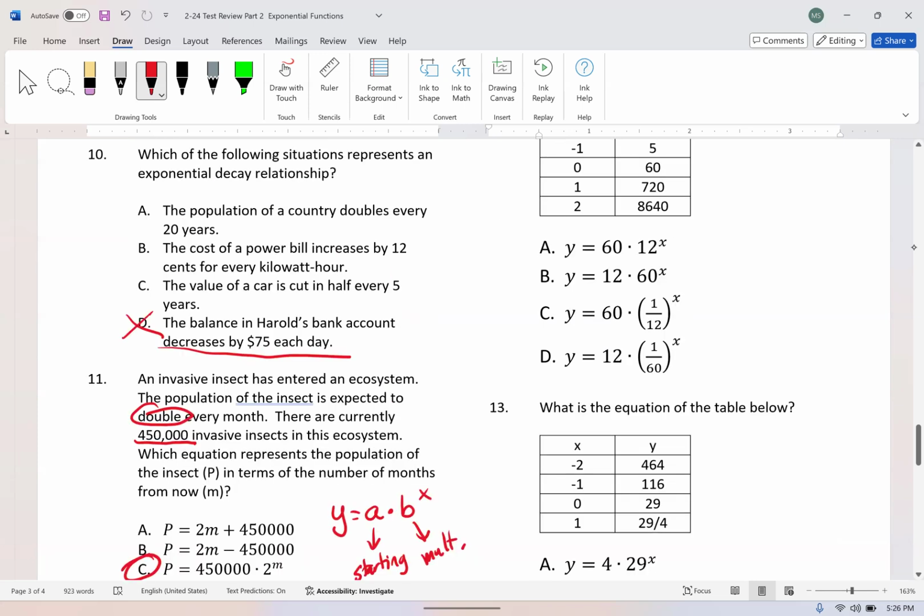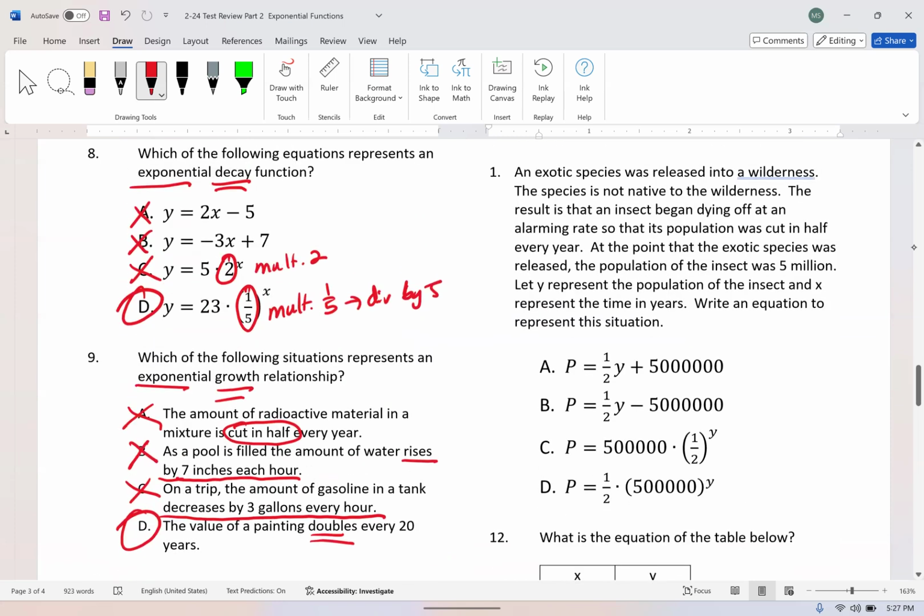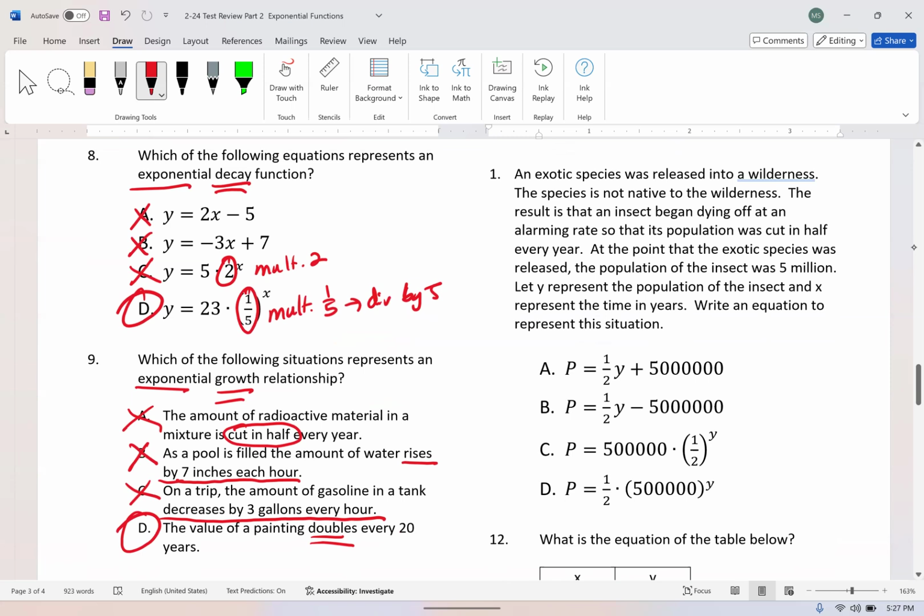All right, number 12. Oh, looks like there's a 1 stuck in here somewhere for some reason. Sorry about that. All right, let's look at this one. It says an exotic species released into the wilderness. This species is not native to the wilderness. The result is that the insect began dying off at an alarming rate, so that its population was cut in half every year.